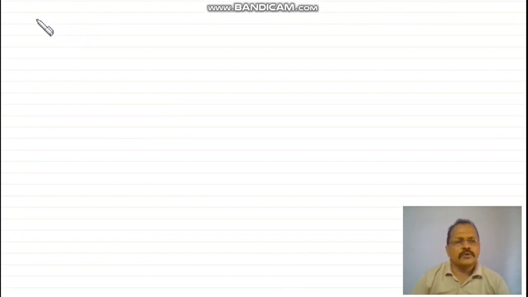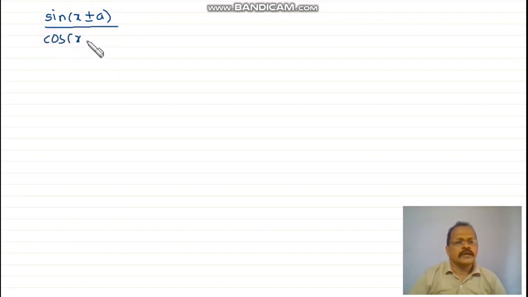Let us see one more type of problem: sin x plus or minus a divided by cos x plus or minus b. The numerator can be sin or cos, and the denominator also can be sin or cos.